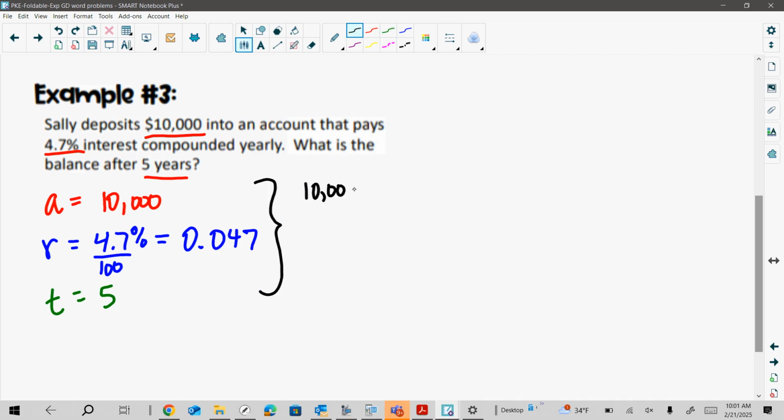Okay, so we're just going to plug it into the parts. 10,000, parentheses, 1 plus our 0.047, close the parentheses, to the power of 5. And this is money as well.